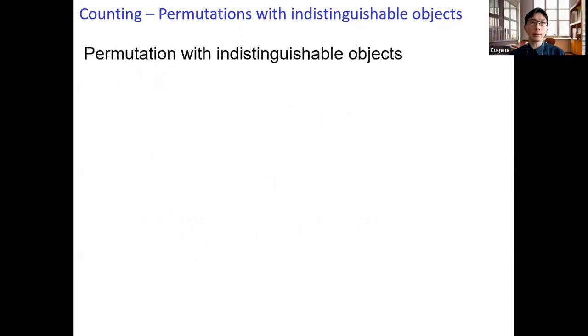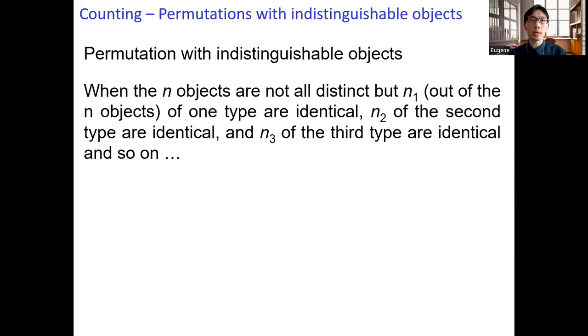Let's take a look at the theory part, the formula for permutation with indistinguishable objects. When the n objects are not all distinct, in the sample space we have n objects, but n1 out of the n objects of one type are identical.